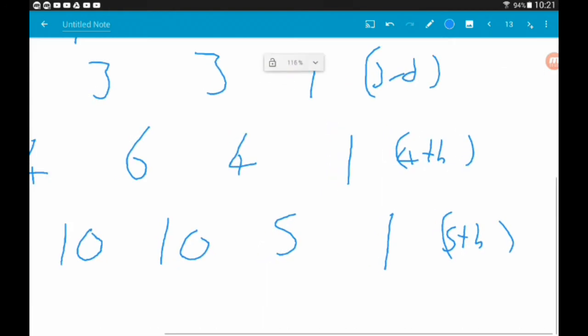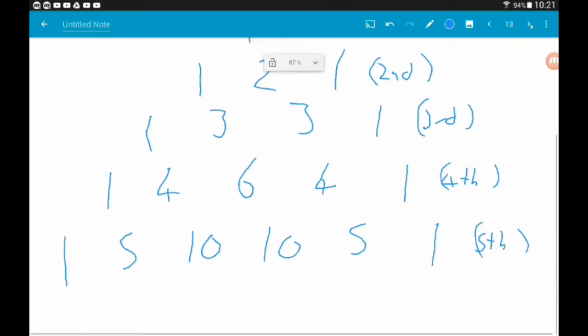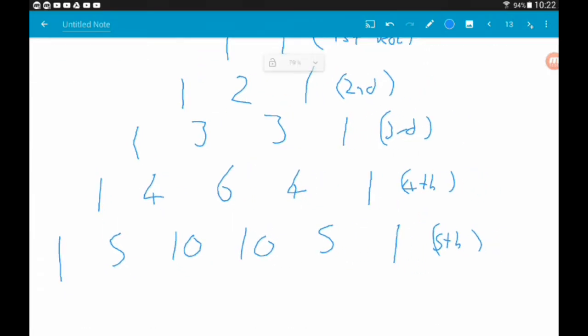So we're going to be seeing these coefficients a lot. We need these coefficients no matter what expansion we are doing. So it's not just when we are expanding 1 plus x. We need these for any binomial expansion that we are going to find in year 1. Another thing that's important to realise, whatever power you are expanding to, you then need the coefficients from that row of Pascal's triangle.